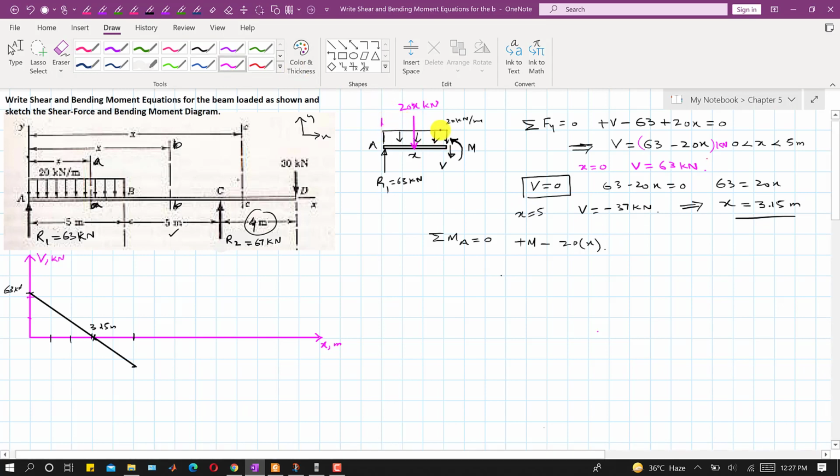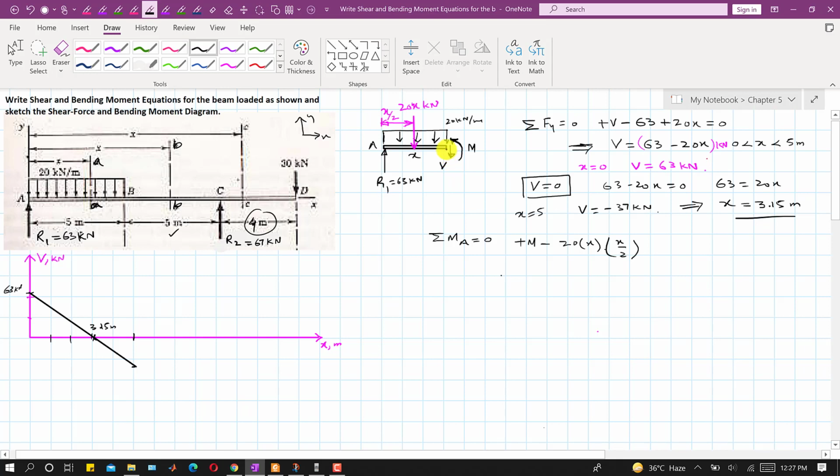Since the centroid of this rectangular area will be located at a distance of x divided by 2 from this point A. So we can say that this will be x divided by 2, since the length of this section of this loaded beam is x. So I will multiply this with x divided by 2.